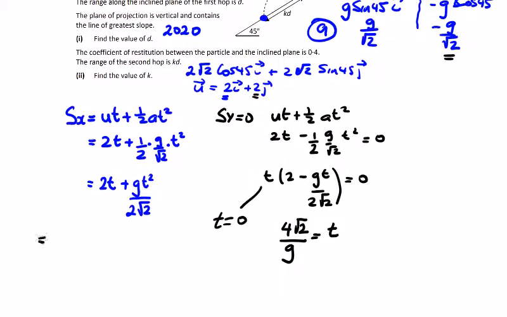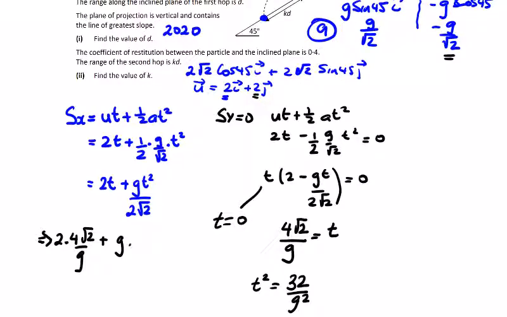We're going to get 2 times 4√2 over g plus g times t squared. T squared, we could write it here just separately. T squared is 16 times 2, 32 over g squared.